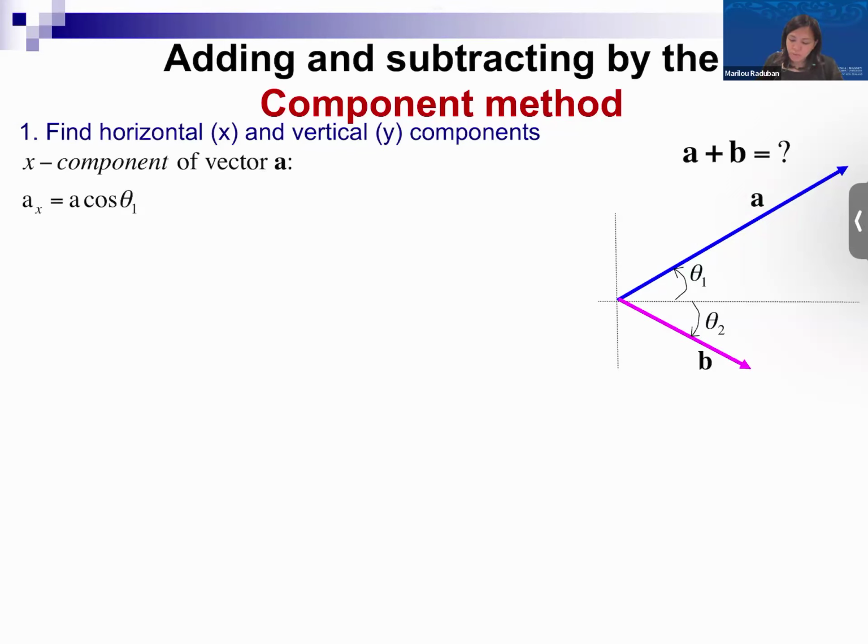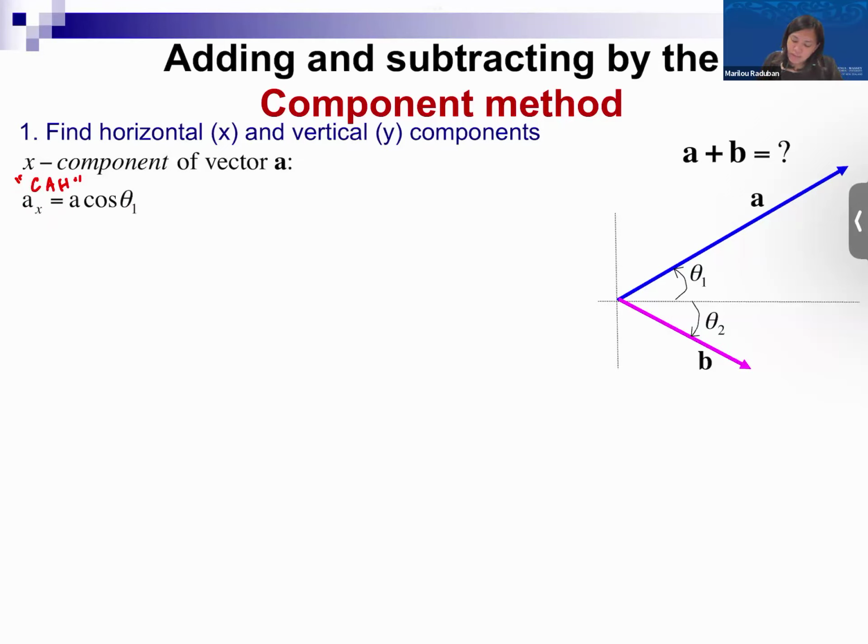Okay, x component of vector A. If you use the trigonometric identity, because we're after the x component, then cosine of the angle theta1 will be equal to the side adjacent to the angle, which is the x component, divided by the hypotenuse, in which case we rearrange that as the x component is equal to A cosine theta1.